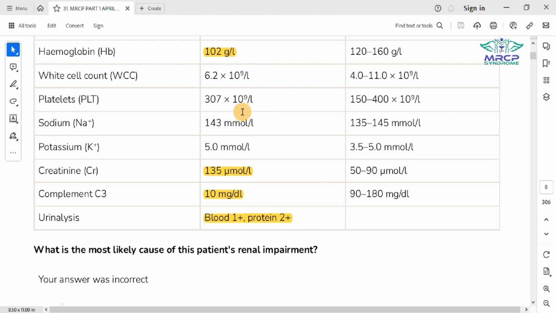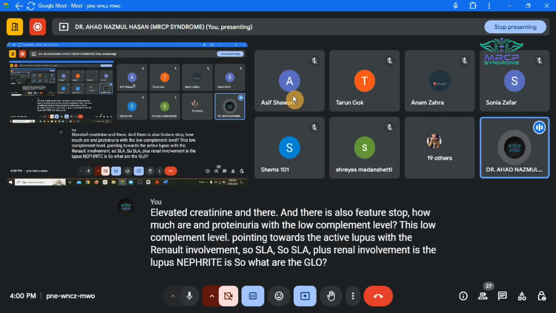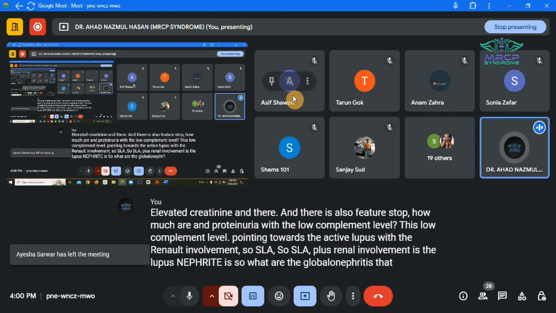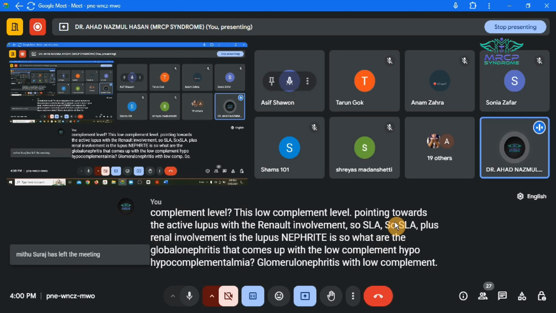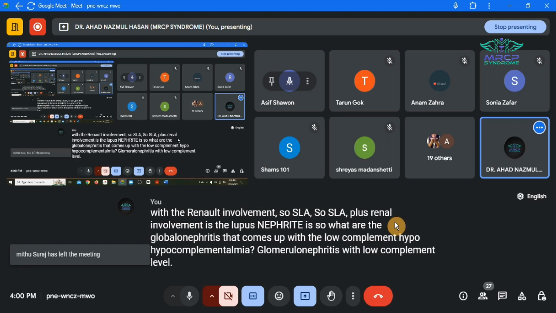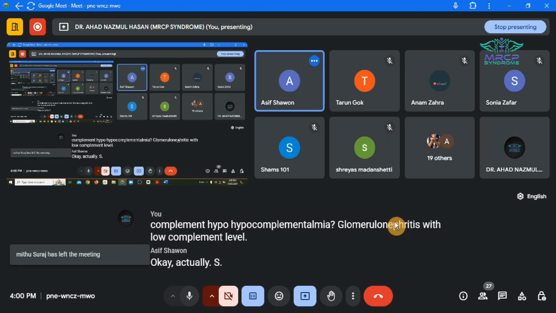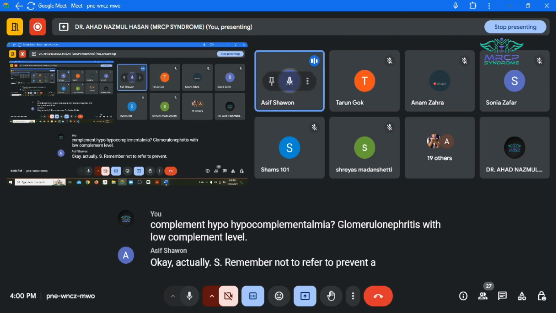So SLE plus renal involvement is lupus nephritis. So what are the glomerulonephritides that come up with low complement, hypocomplementemia? Glomerulonephritis with low complement level. Okay, SLE, membranoproliferative glomerulonephritis, PSGN.